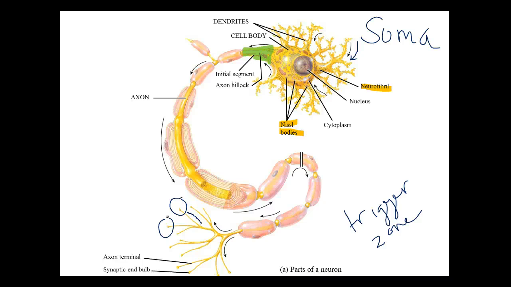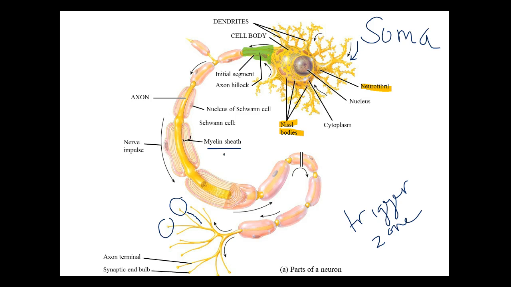Now you'll notice in this particular picture, this axon has material on it. This is where we're going to see the nerve impulse jump over, and it's jumping over areas called the Schwann cell. Now the Schwann cell is going to be a special cell that helps produce the myelin sheath, which is a lipid protein covering.